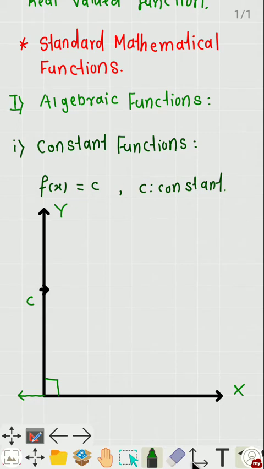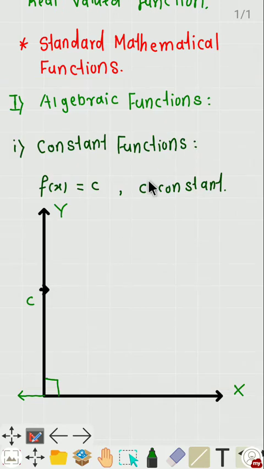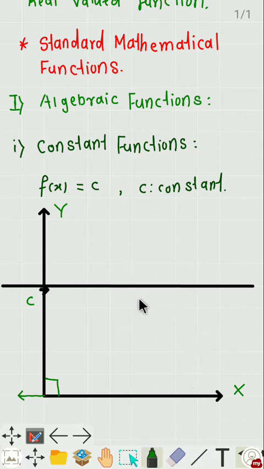The graph of that function will be a straight line passing through the point c and parallel to the x axis. We write the name of this graph as y equal to c, or f of x is equal to c. This is the graph of the constant function.